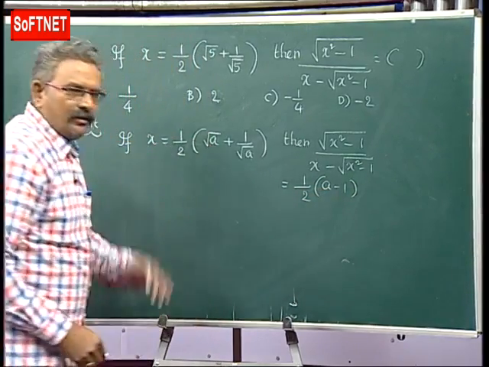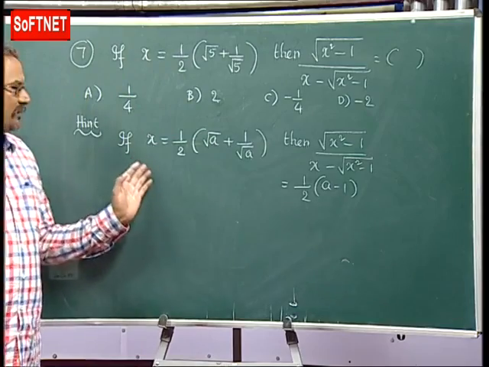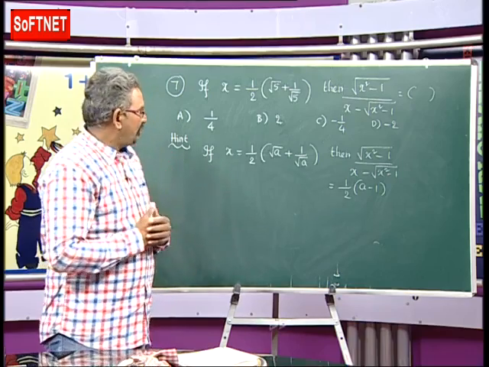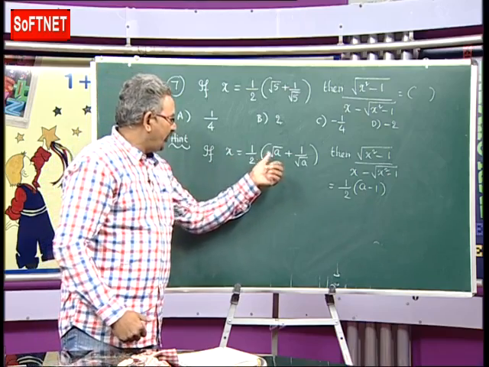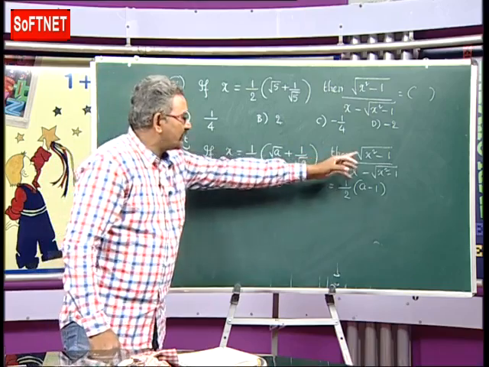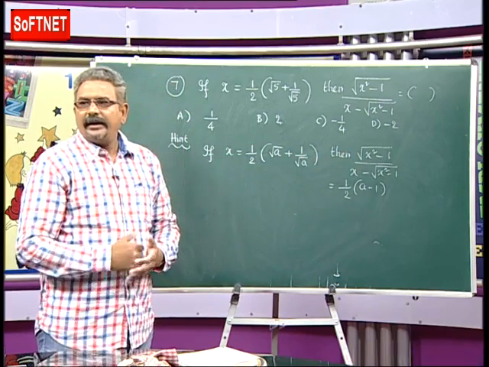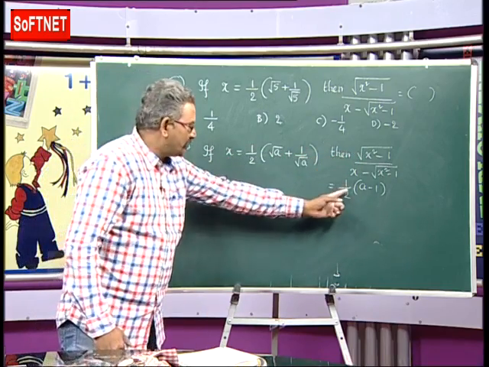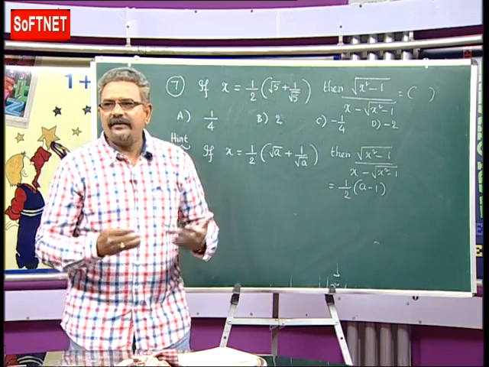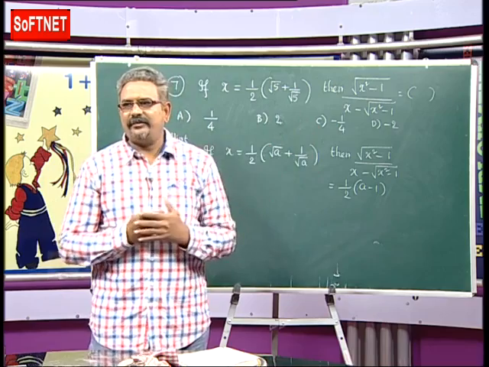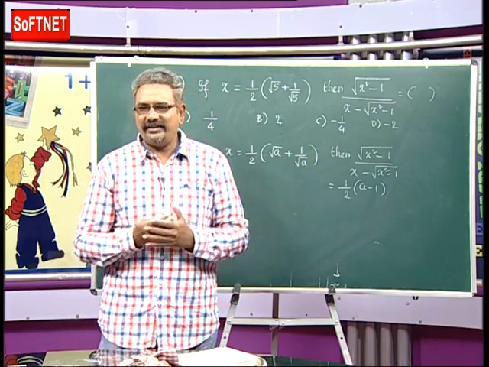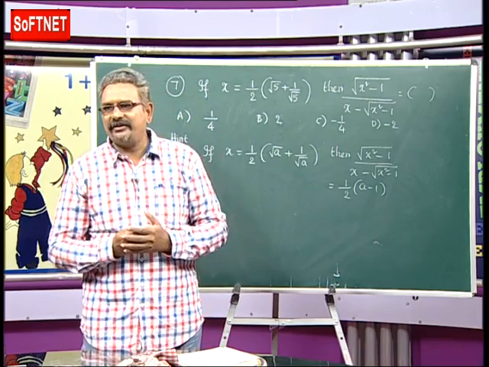This is one of the problems we might have done in earlier courses. So if x is equal to half into root a plus 1 by root a, then prove that root of x square minus 1 by x minus root of x square minus 1 is equal to half times a minus 1. That might be given for 7 marks in some board examinations. But in this examination we have 1 mark or half mark like that in any competitive entrance examination.